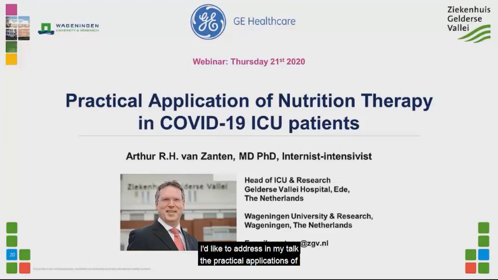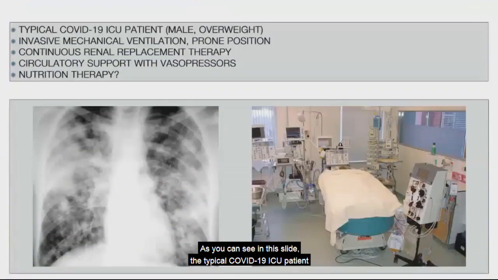I'd like to address in my talk the practical applications of nutrition therapy in COVID-19 ICU patients. As you can see in this slide, the typical COVID-19 ICU patient is male, slightly overweight, and many of the critically ill patients need invasive mechanical ventilation.